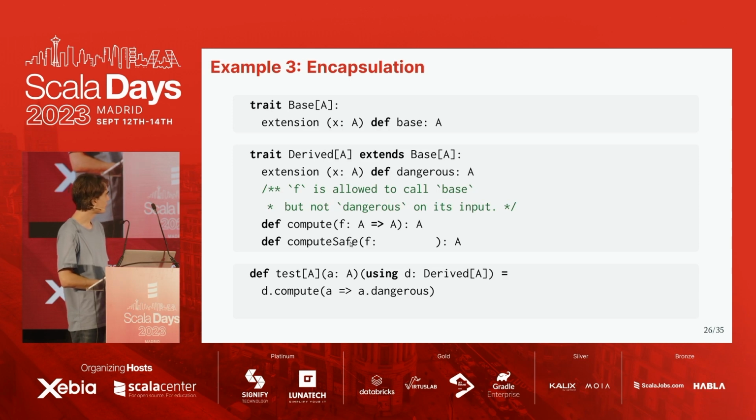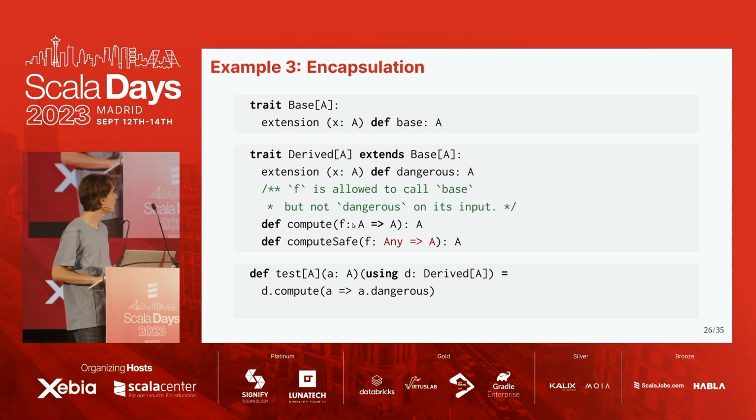So I'm going to define a compute safe method to show you the difference. The first thing we could try is a method from any to A. And in a way, that solves the problem, because now I can't call A.dangerous anymore because A has type any, so I've hidden the information that this is a derived type, but I've hidden too much information, in fact.